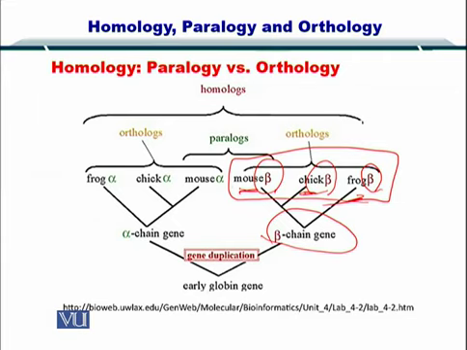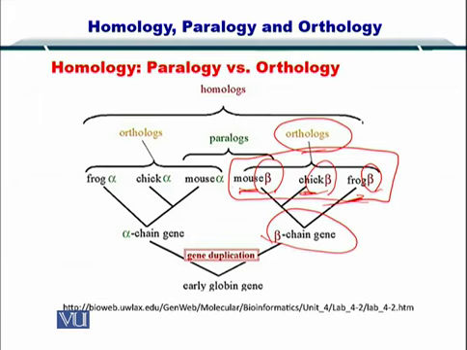Same gene present in three different species. So this is called orthologs. So once again, paralogs are those genes that are coding different proteins but are present in the same species. Orthologs are those genes which are present in different species and are exactly the same.